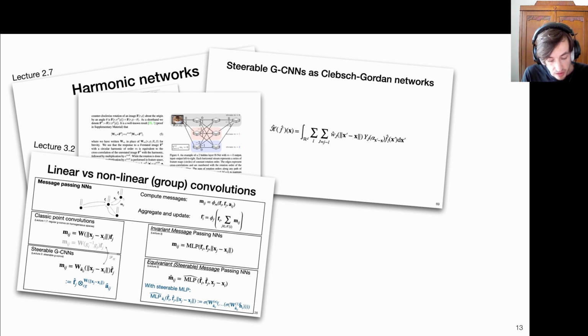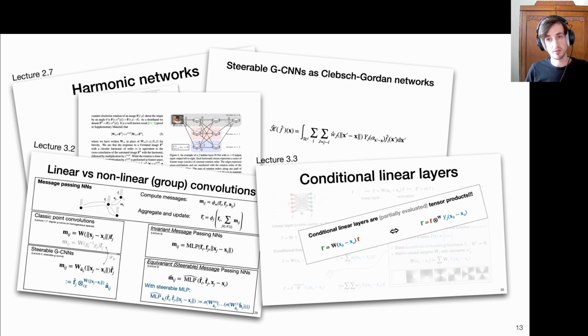And if we use the notation that this is already evaluated for the spherical harmonic embedding or the attribute embedding, what remains is just a matrix. So partially evaluated Clebsch-Gordan tensor products are really matrix vector multiplications. And with that, we can also code up what we would call steerable multilayer perceptrons to come up with a nonlinear counterpart of these steerable group convolutional neural networks.